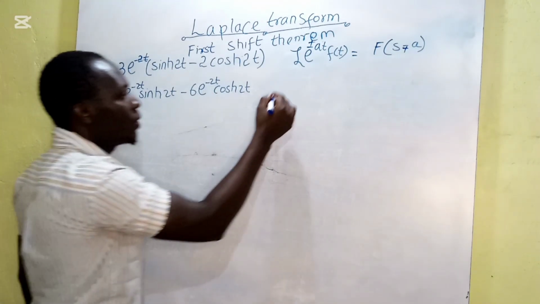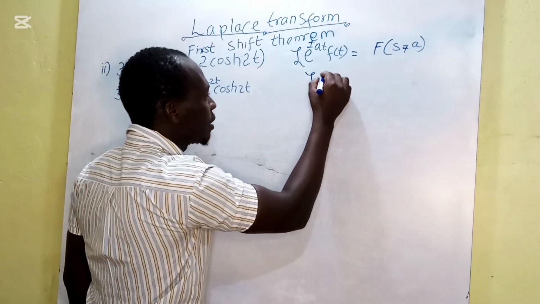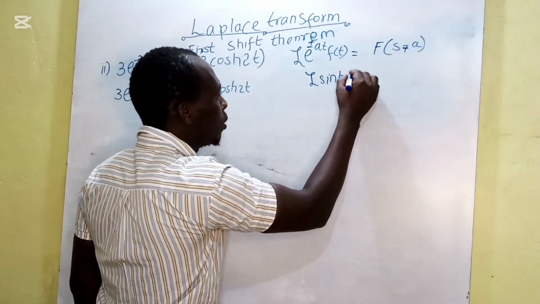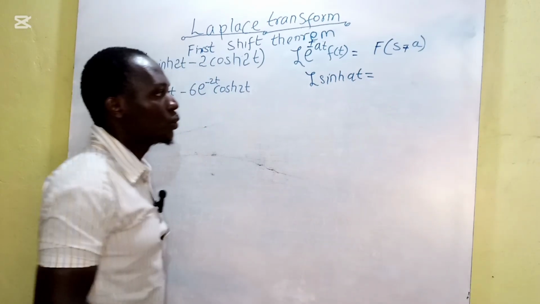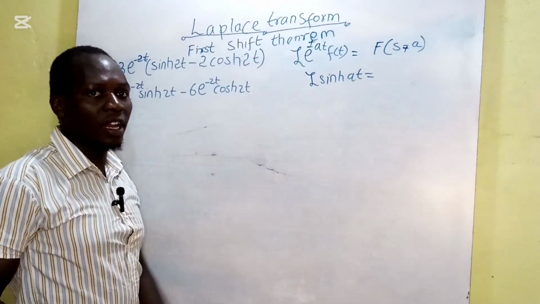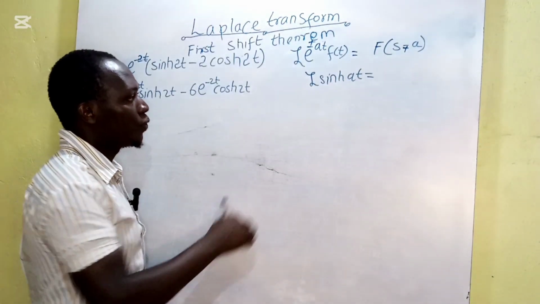We understand that the Laplace transform of sine hyperbolic at is equal to a all over s squared subtract a squared, because these ones we've derived from the first principle formula.